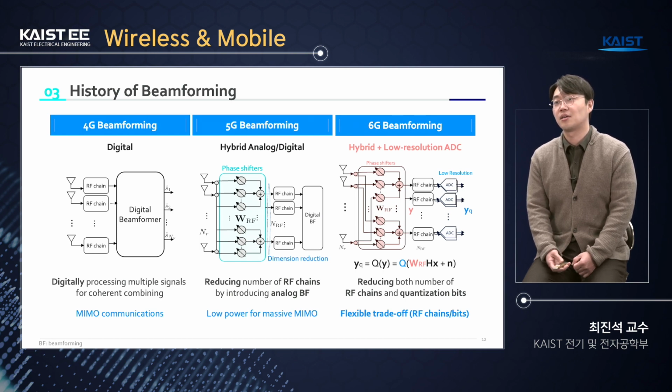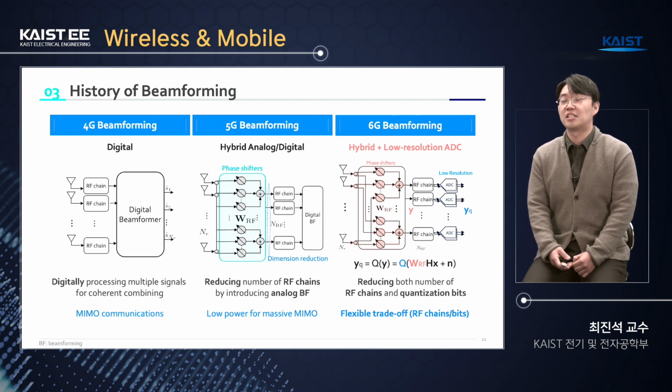But nowadays, with the massive number of antennas and with massive bandwidth, 6G beamforming requires additional power saving. For example, we may need this analog combiner and also low resolution ADCs at the same time, so we can have more flexibility in reducing both the number of RF chains and the quantization bits.